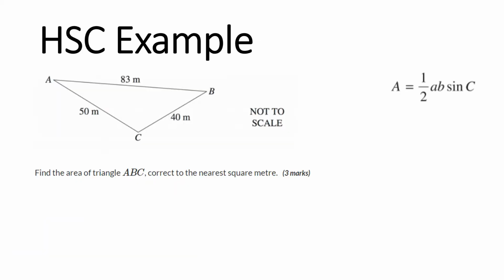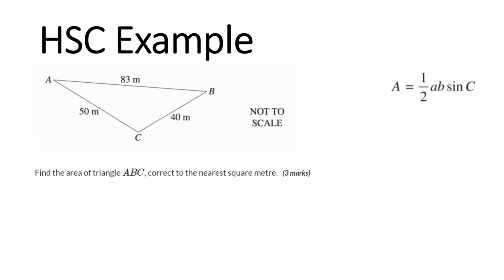Okay, let's have a look at some HSC examples now. Here we are asked to find the area of triangle ABC correct to the nearest square metre. If I have a look at the area formula that's on my formula sheet, it's A equals a half AB sine C. Now I haven't been given the angle for this triangle, so I'm going to have to find that first.